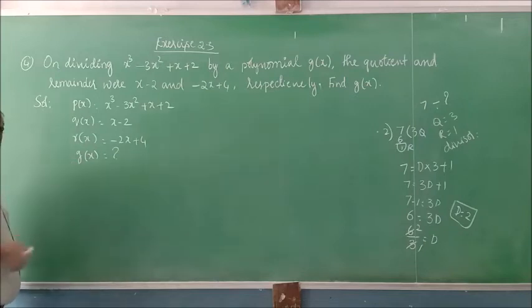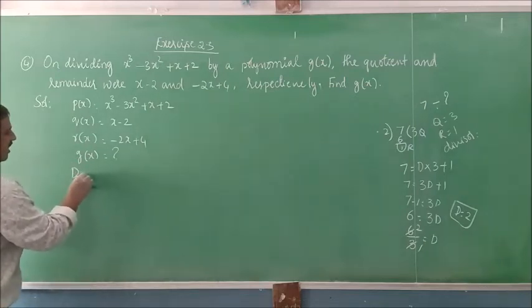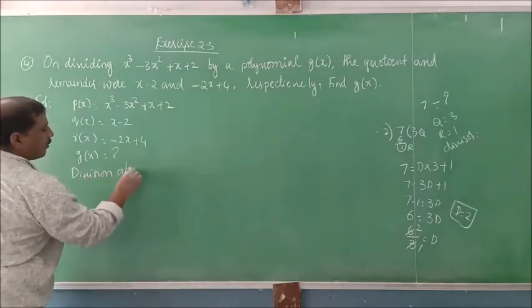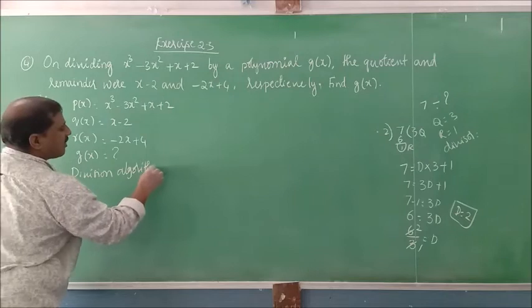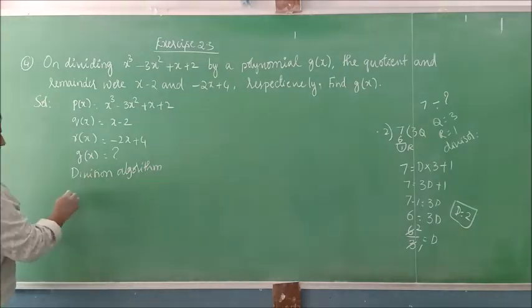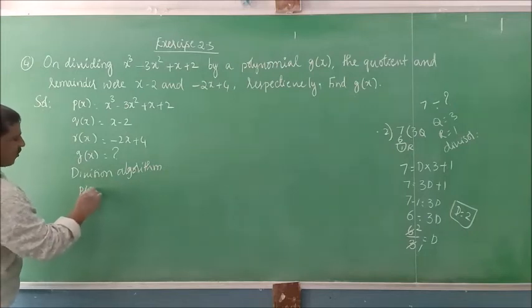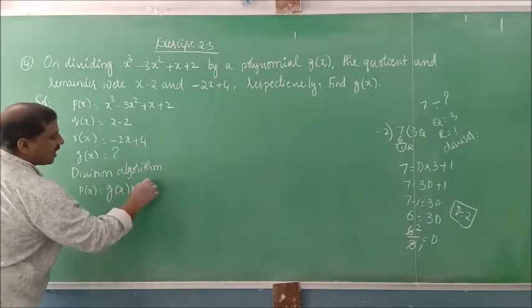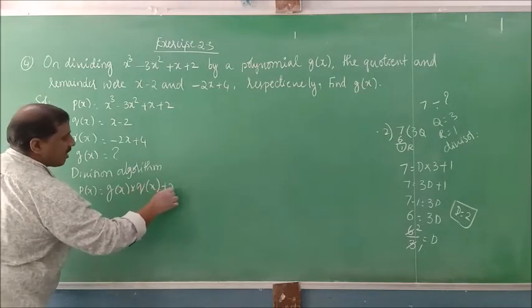Now by applying the division algorithm, what is the division algorithm here? It is p of x is equal to g of x into q of x plus r of x.